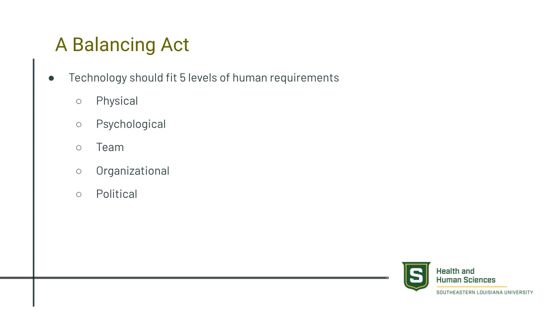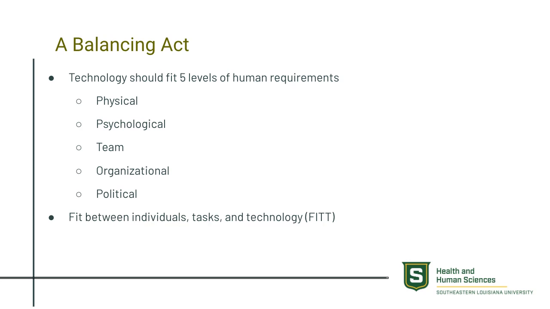So one of the things that human technology interface also has to pay attention to is the fit between the individual, the task that needs to be done, and the technology itself.